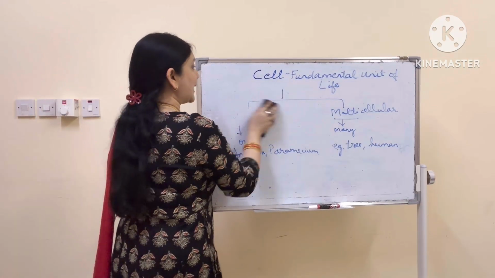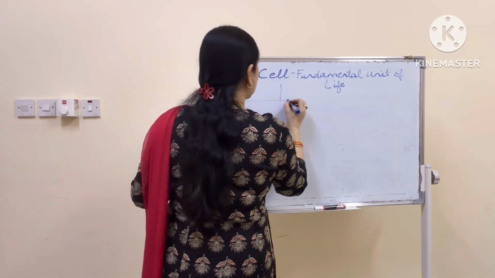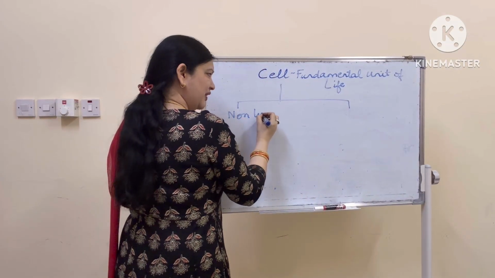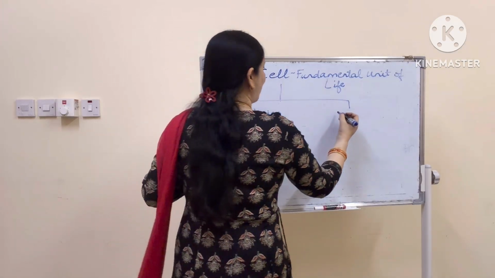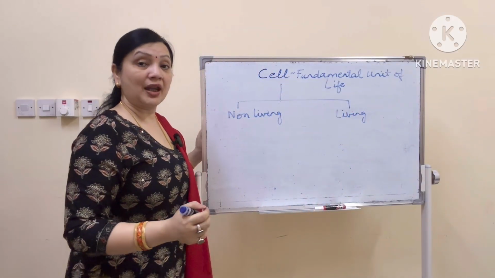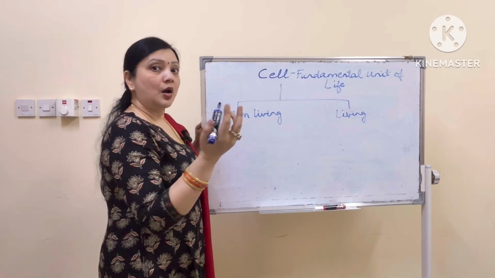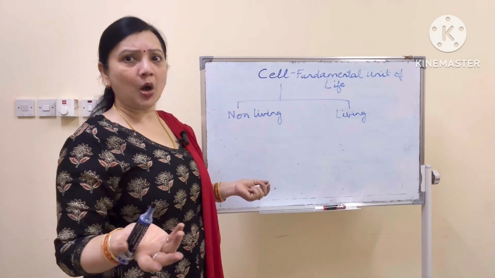Now what is this cell made up of? Cell is made up of two things: non-living things and living things. There are two types of things inside the cell. What non-living things? Oxygen you have taken in, carbon dioxide you have produced. Where are all these?